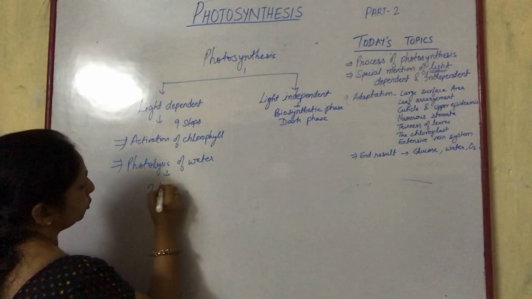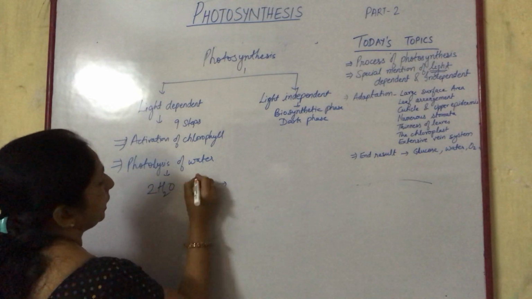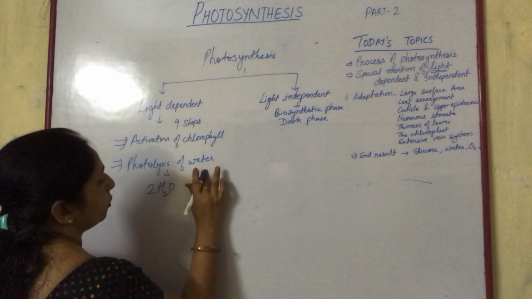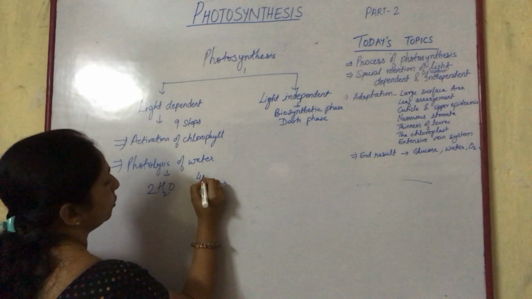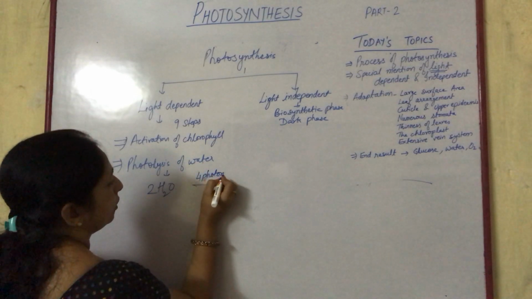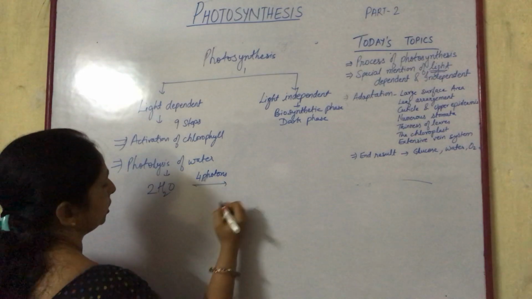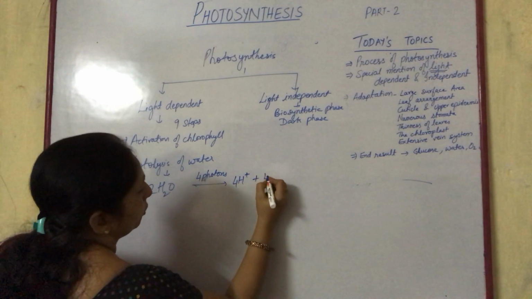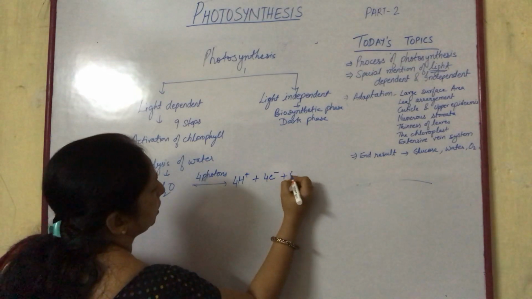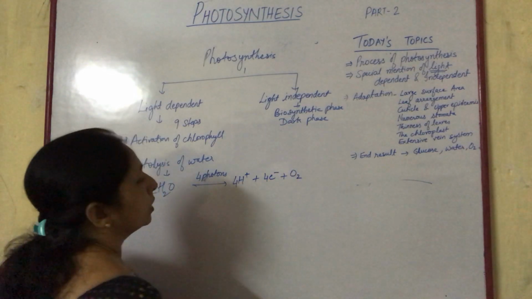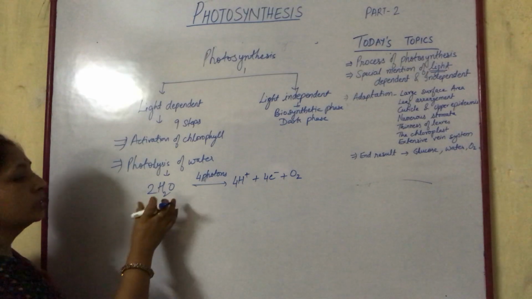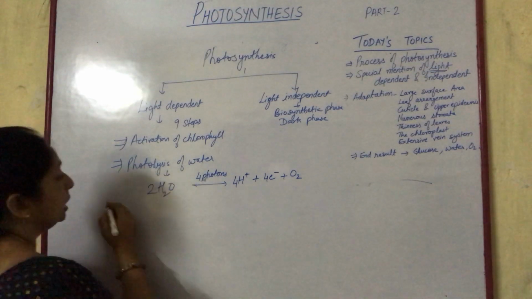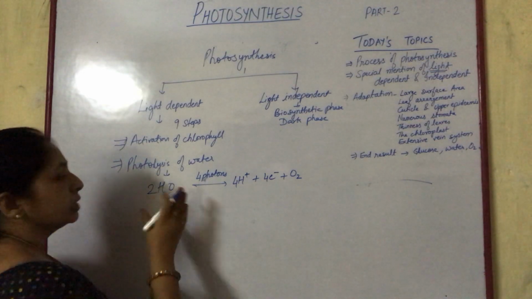In photolysis, 2H2O utilizes 4 photons of light energy to form 4H+, 4 electrons and an oxygen molecule. This complete process is termed photolysis.